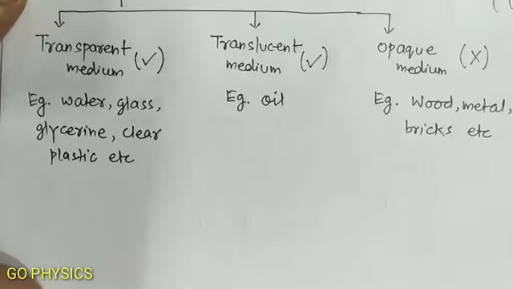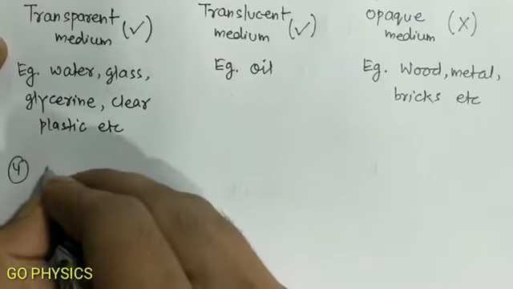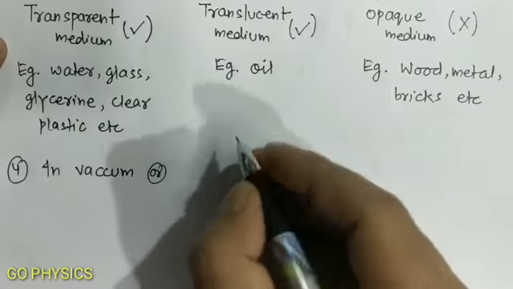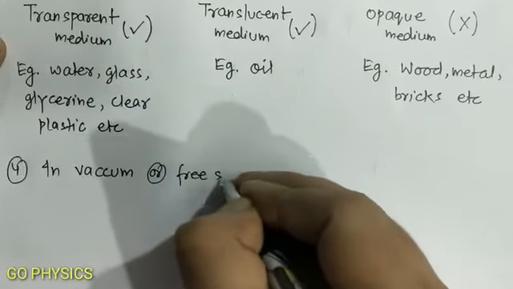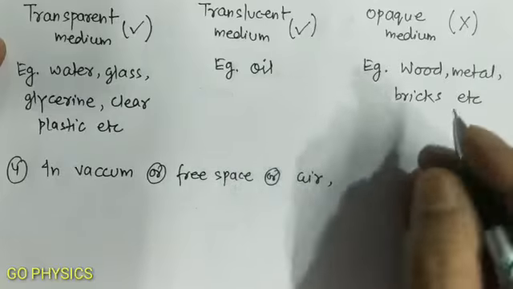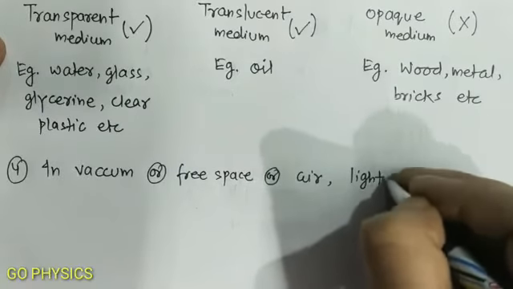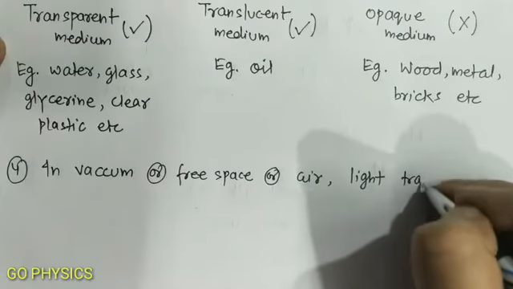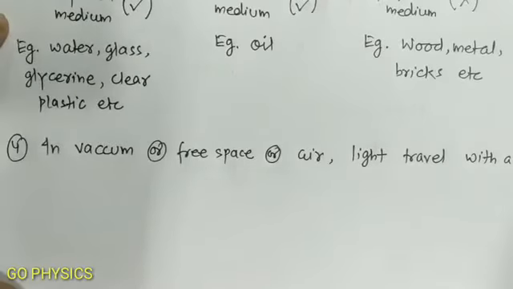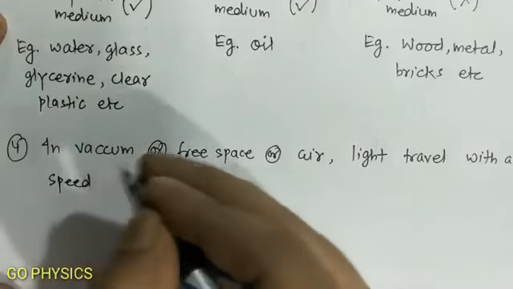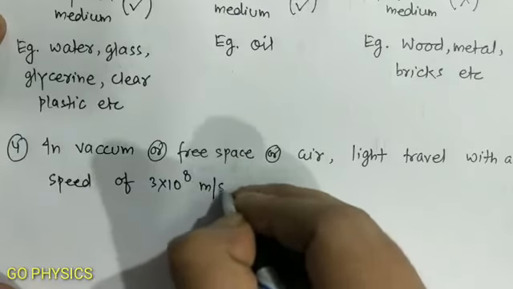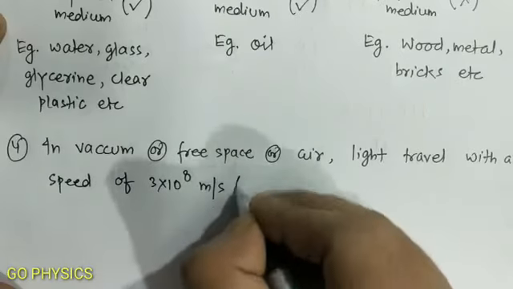Now let's see the fourth property of light. In vacuum or free space, or sometimes we say air, light travels with a speed of 3 × 10^8 meter per second, and this quantity is denoted by c.